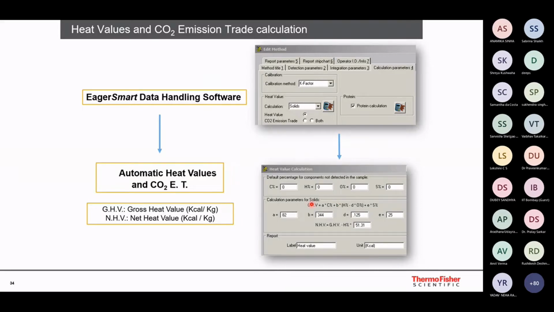In that software there is a formula: you put in the percentage of carbon, hydrogen, oxygen and sulfur, and the software automatically calculates the gross heat value and net heat value. So there is no need to keep another calorific value instrument.